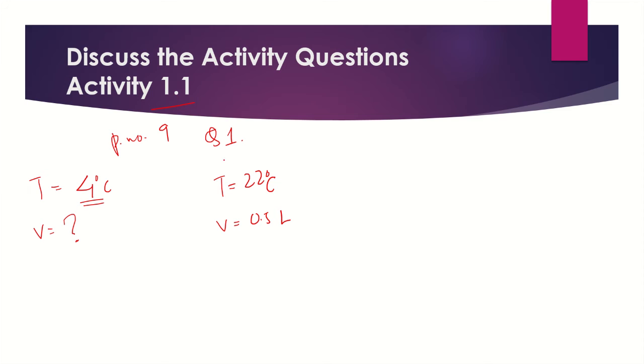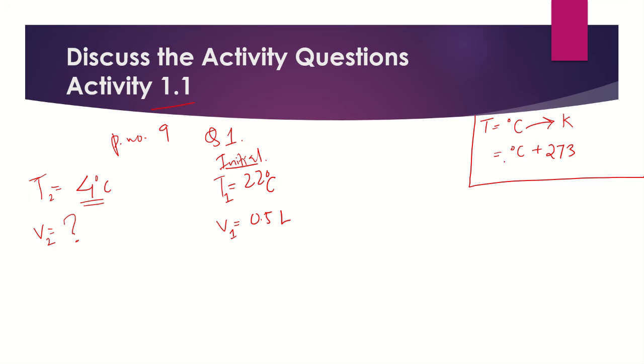The hint given to us is the values for the initial state, that is T1 22 degrees Celsius, V1 0.5 liter. Then we are also provided with the final temperature, that is T2, and we are asked to calculate the volume V2.